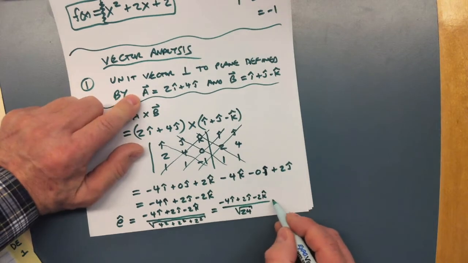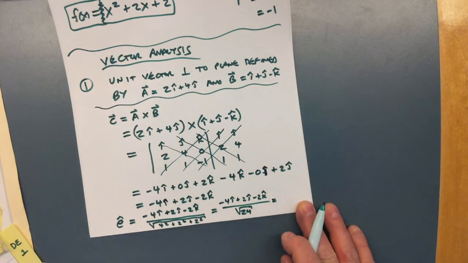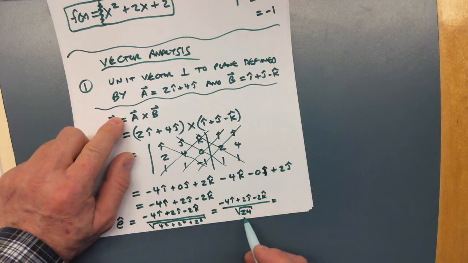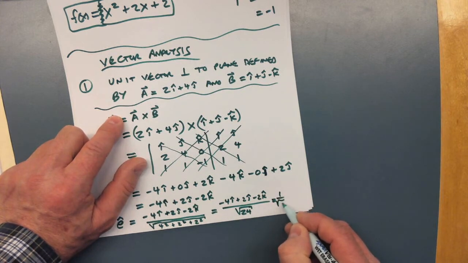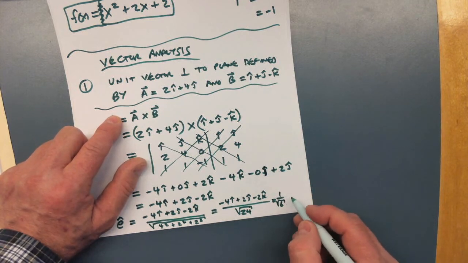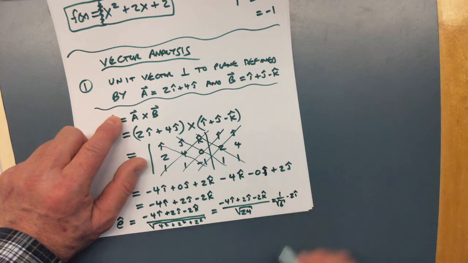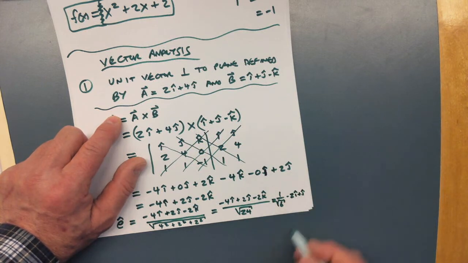And simplifying it, 6 times 4, so we can pull out a 2. So divide all that by 2. We get 1 over square root of 6, and then dividing all these by 2, we have a minus 2i plus a j minus a k.